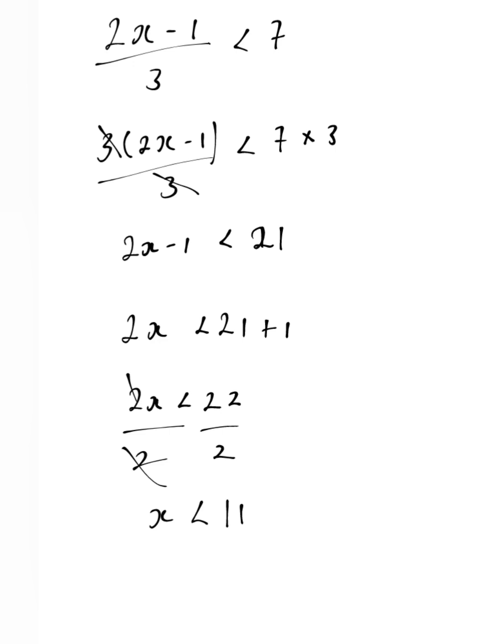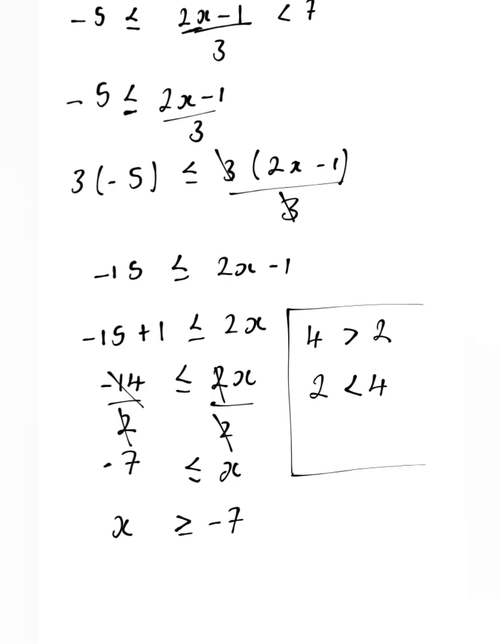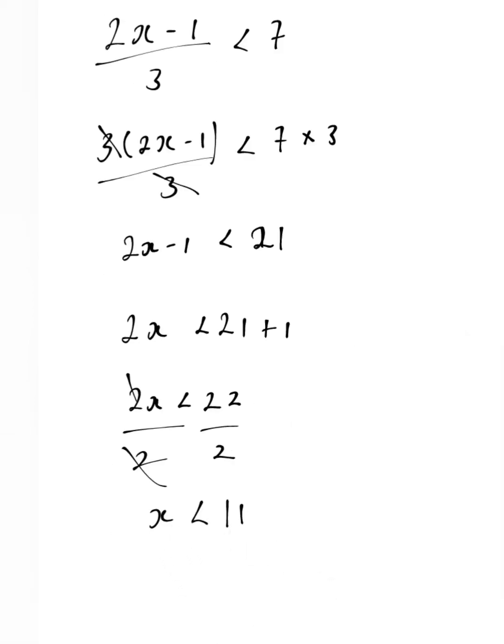So at this point, we need to merge both answers together. Remember the first answer that we have was minus 7 is less or equals to x, and the second answer is x is less than 11. So by the time we merge them, we have that minus 7 is less or equals to x, and it is less than 11.